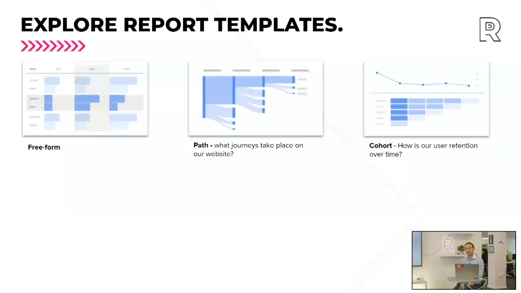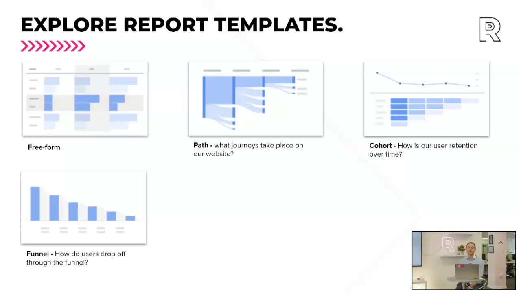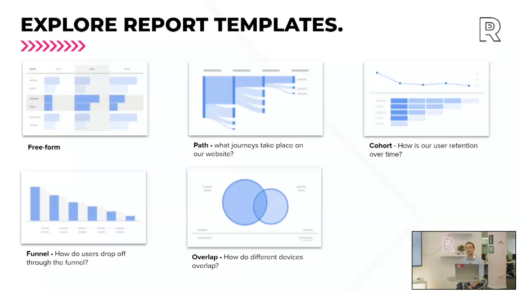Cohort analysis is really good for looking at user retention over time and user behavior over time. The funnel is a really good report if you're looking at abandonment rates in your checkout journey, to see if you can smooth out some of the friction within your checkout journey or throughout the site. These are fully customizable, so you can set up your own funnels as is relevant to your business.